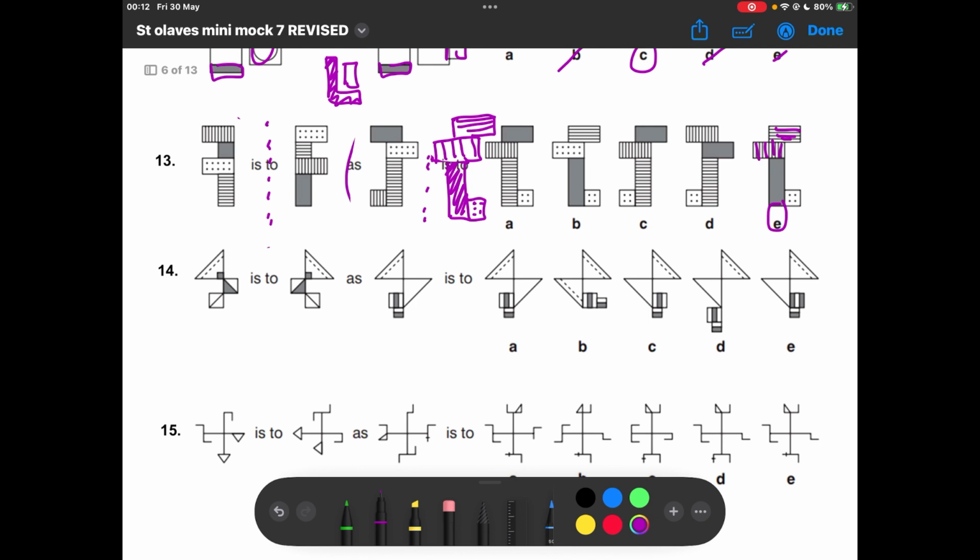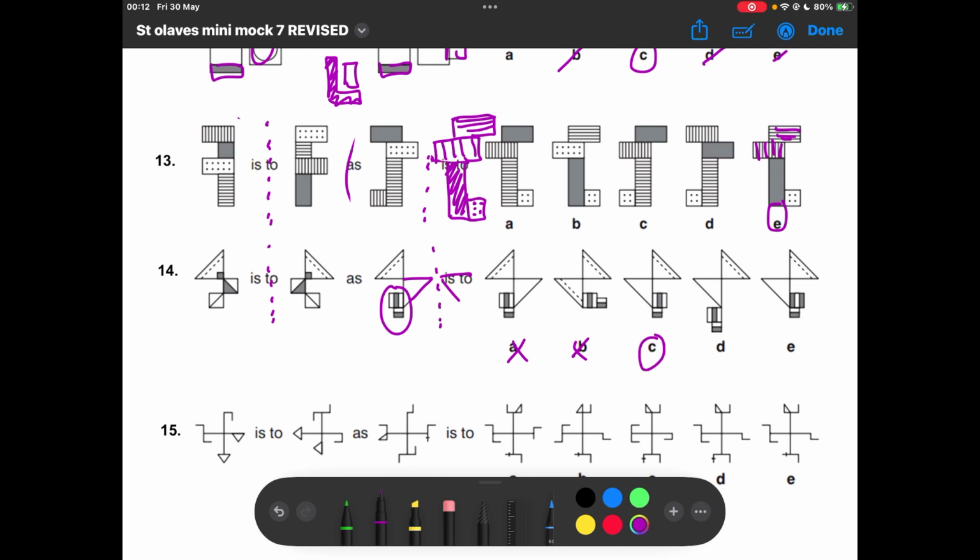Next question. Again, these are a reflection of each other. So the reflection of that, I'm just going to look at them to figure out what it is. So obviously this is going to be sticking up. So it's going to be on the right side of whatever shape it is. And then this is going to stay the same. So I'm going to rule out A, rule out B because it's not got the white bit.